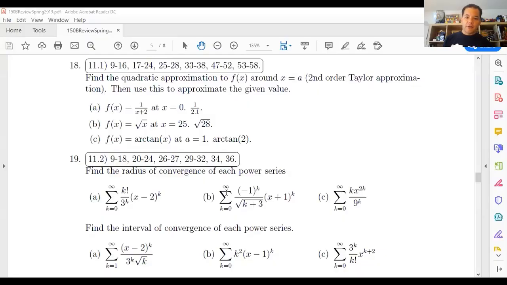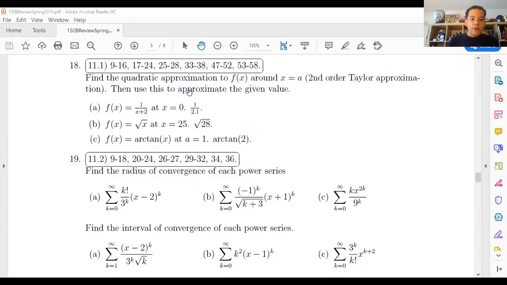So as is customary when we prepare for our exams, what we take a look at is the sample final exam, which you can find on our Canvas page. I'm going to project it on the screen shortly, and just take a look at the problems that correspond to the sections that we want to cover. So you see it on the screen right now.